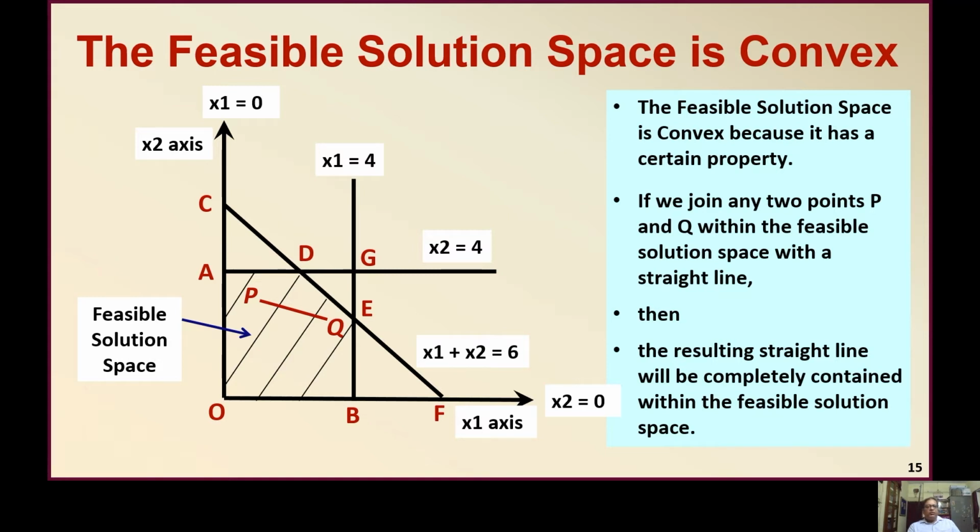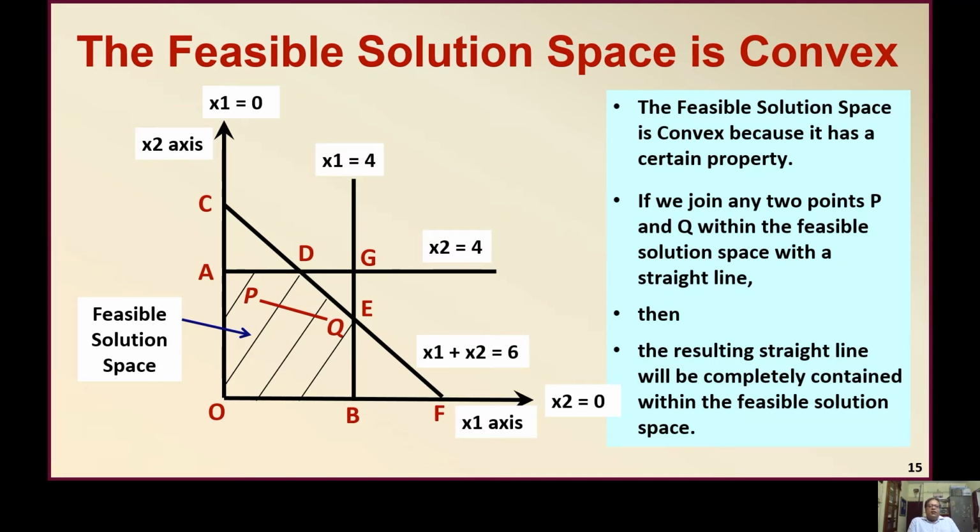See, we are not going to go into any kind of proof, but just trying to tell you that if the constraint lines are all linear and they together confine a solution space, that solution space is going to be what is known as a convex solution space. And that convexity of the solution space is a very important concept.